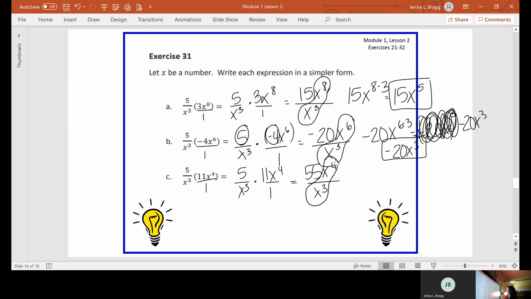Again, I simplify my common bases, not forgetting my 55. Subtract 4 minus 3, and I get 55x to the first. You don't have to put the 1. You could leave it as 55x.